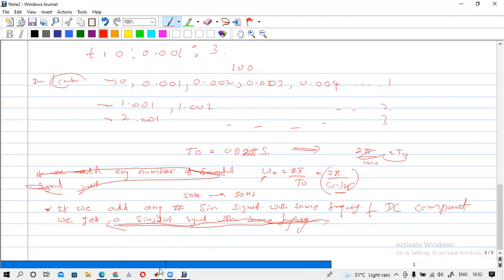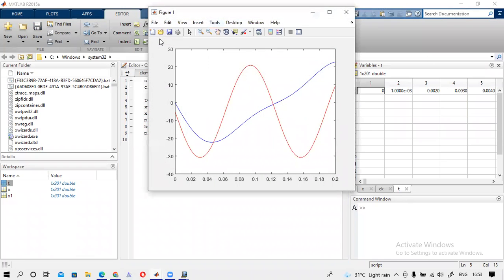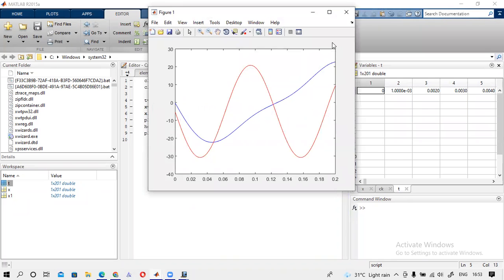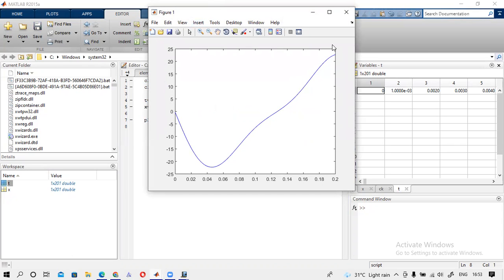So what if we change the frequency? Let's change one frequency to 25 or something. Let's see what happens. I remove this X1. Can you see that now the signal is changing?